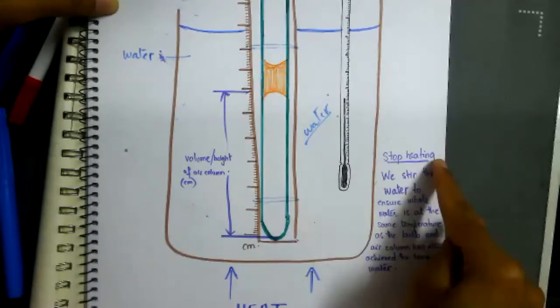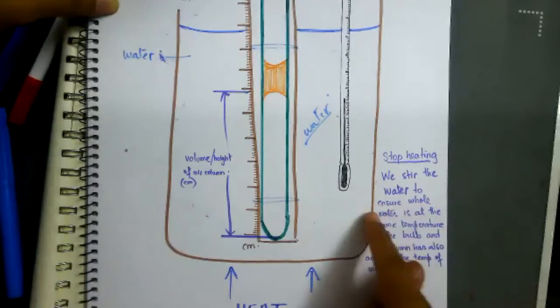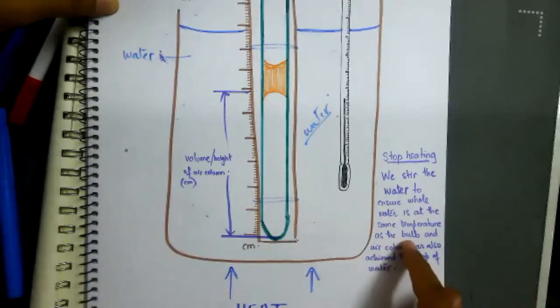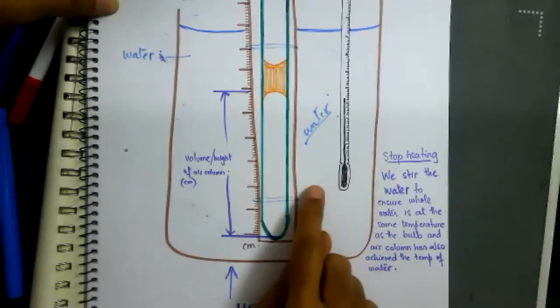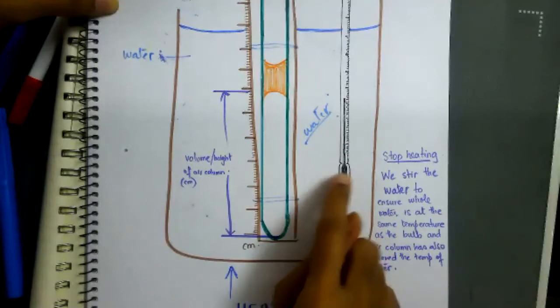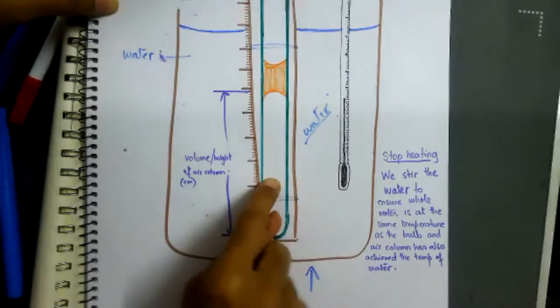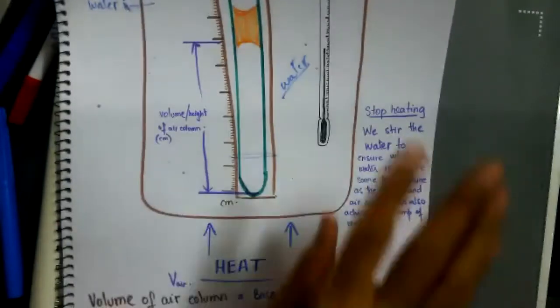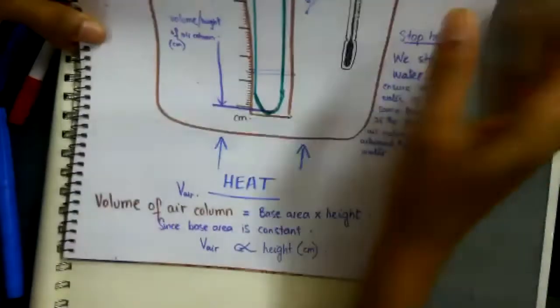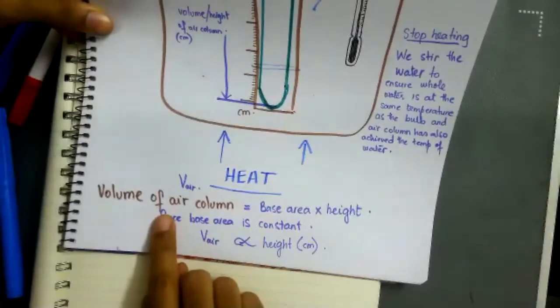Stop heating, and stir the water to ensure that the whole water is at the same temperature as the bulb, as well as the air column. We want all three things to be at the same temperature: the bulb, the water, and the air column.